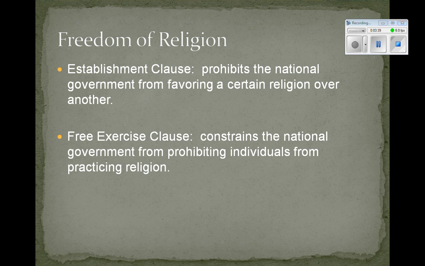So at times when we prohibit one religion from being favored, it might, in turn, limit that religion from being practiced. So at times we're going to see how that becomes an issue. And again, when we do our mock Supreme Court, it'll come up.